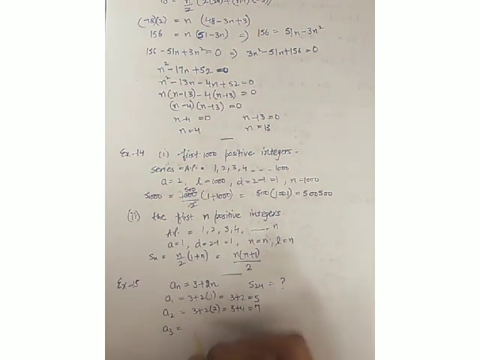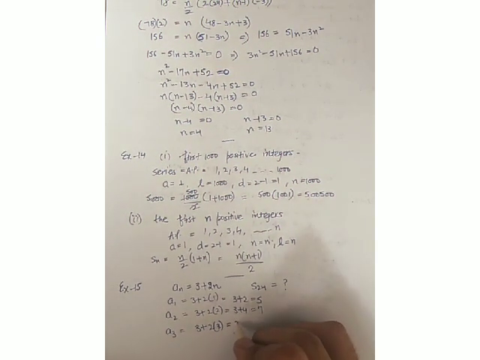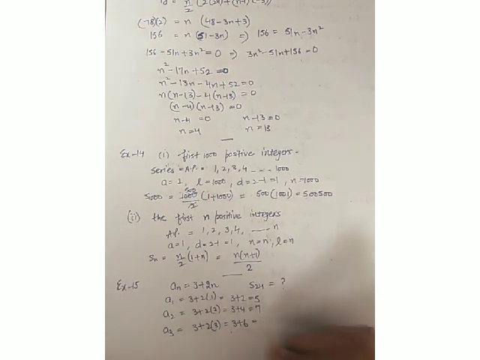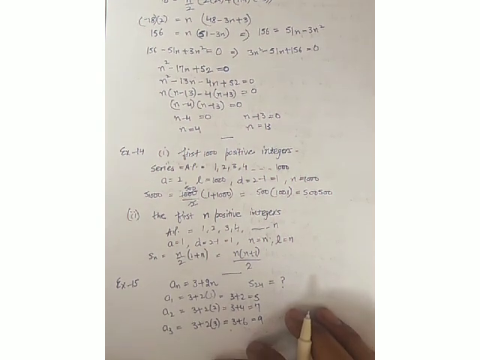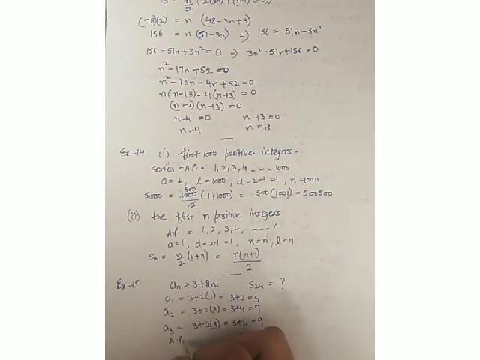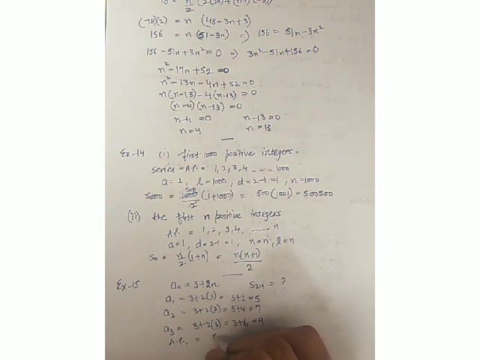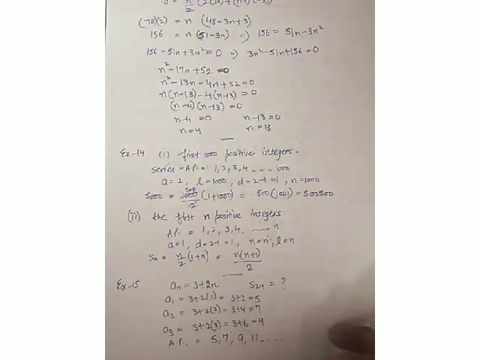And what about a3? 3 plus 2 multiplied by 3, that is 3 plus 6, which will be equal to 9. So 5, 7, 9, the upcoming term will be 11, obviously. Okay, so our AP is 5, 7, 9, the next term will be 11 and so on, and we have to find S24.